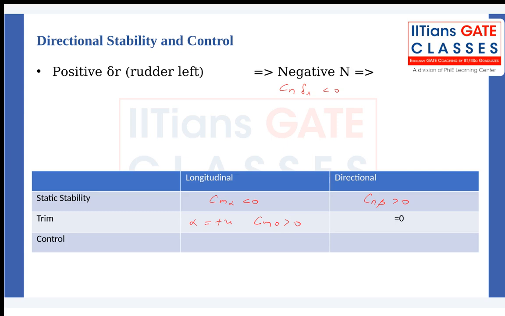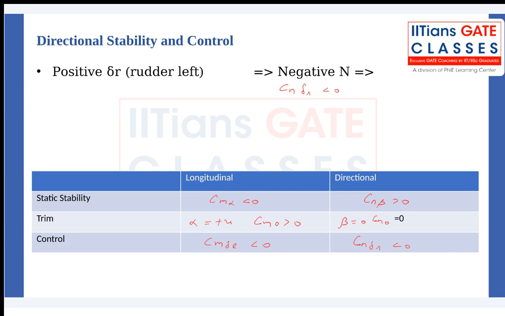So at trim, you want your beta to be 0, and hence your Cn naught is also 0. And here you mostly have a symmetric airfoil, so this is inevitably 0. Now control, in the longitudinal case, Cm delta E was always less than 0, and Cn delta R we just saw is also less than 0. This is a comparison between the longitudinal and the directional stability case.